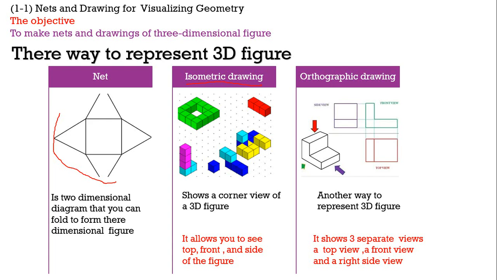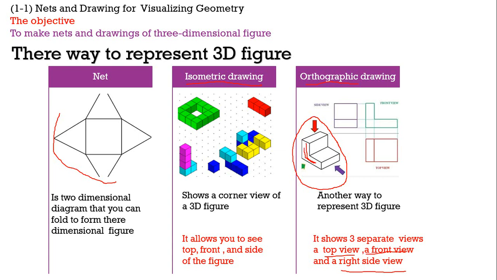Finally, we have orthographic drawing. Orthographic drawing is another way to represent a 3D figure. It shows you separate views: a top view, a front view, and a right side view. Let me show you this shape. This is a 3D shape. You can represent it by using orthographic drawing, using these three shapes.